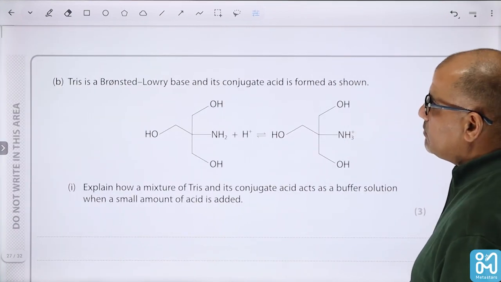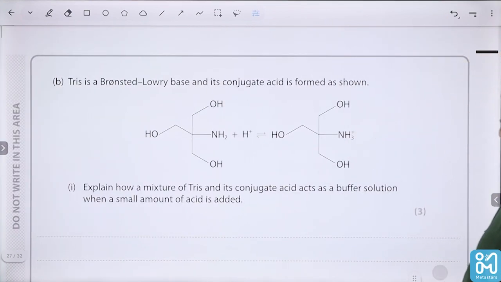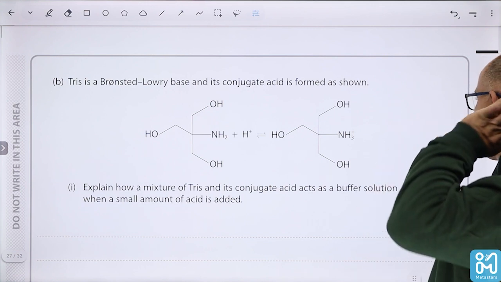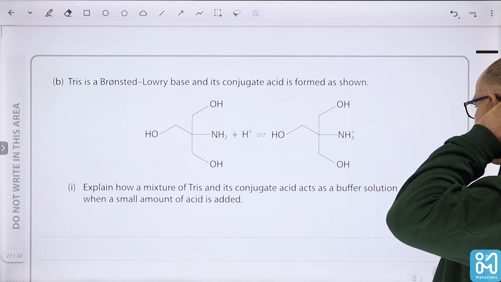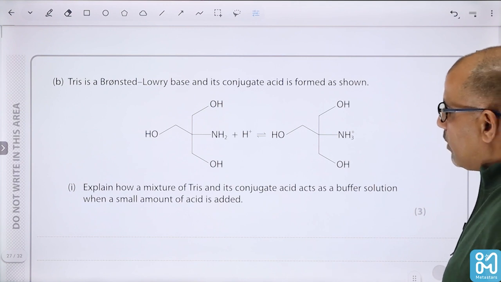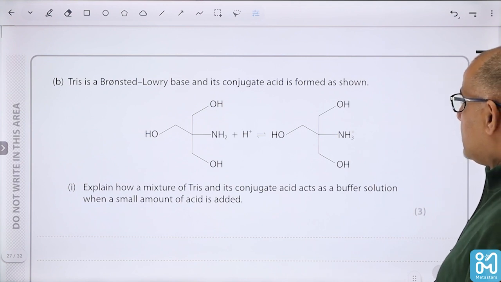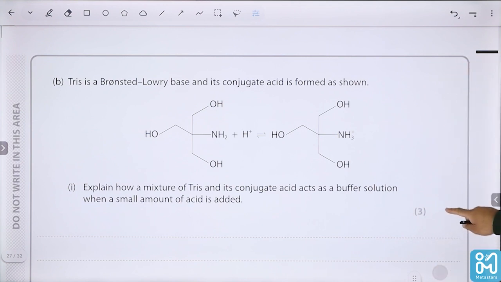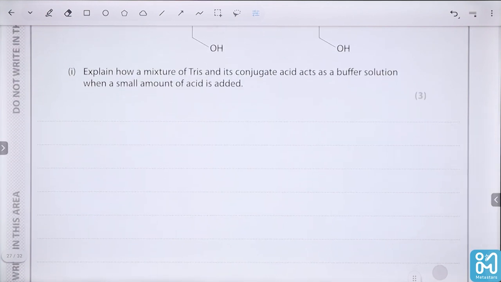For this reaction, Tris is a Brønsted-Lowry base, and its conjugate acid is formed as shown. Now, he is asking you to explain why the mixture of Tris and its conjugate acid acts as a buffer solution when a small amount of acid is added.